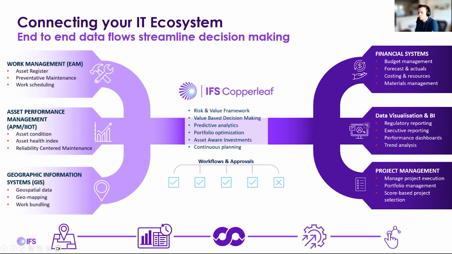The continuous planning loop around project management systems and financials, and bringing those actuals back in to be able to make very agile decisions. The process efficiencies with the Copperleaf workflows and approvals capability to really start to speed up the life cycle of that investment and make sure we can generate insights faster.